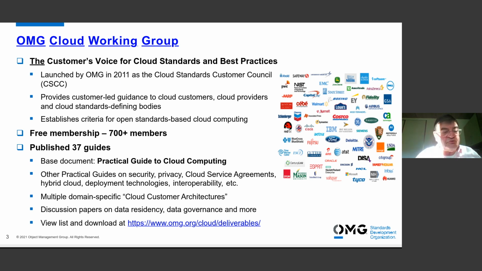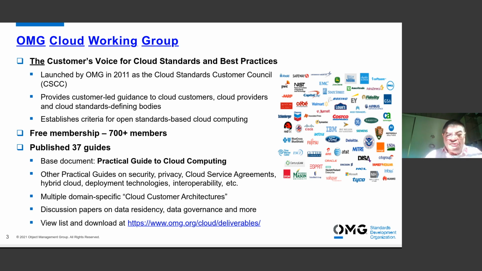Over those 13 years, we've issued a total of 37 discussion papers, starting with the practical guide to cloud computing, and then going on with a number of different guides that concern security, privacy, various cloud architectures, data residency, etc. I'm not going to read the entire list.